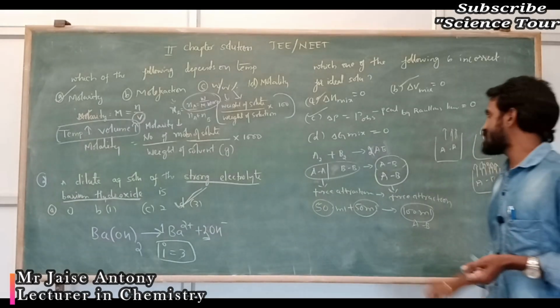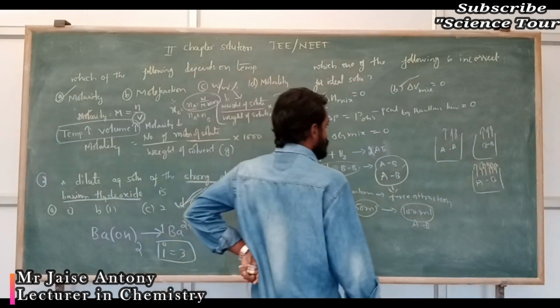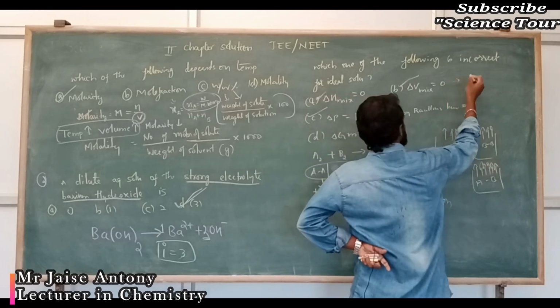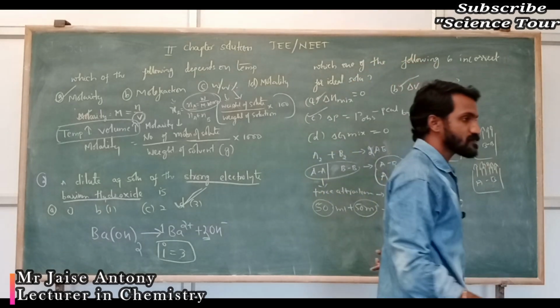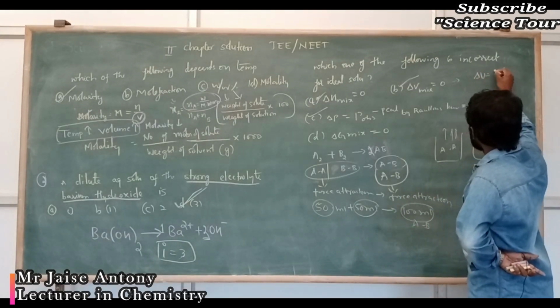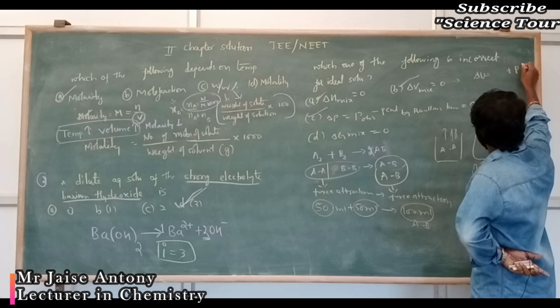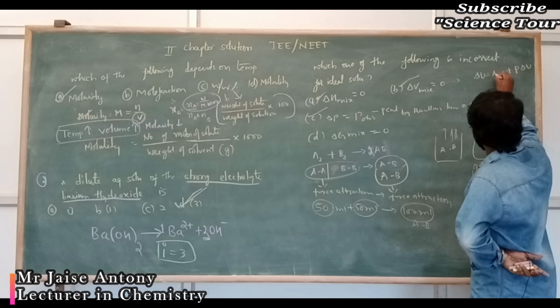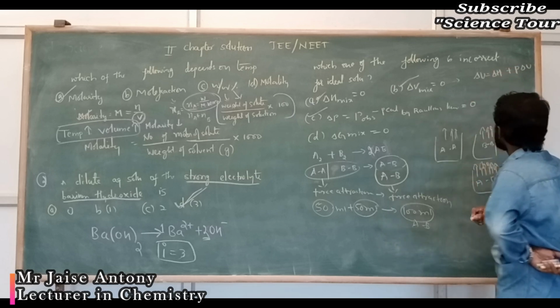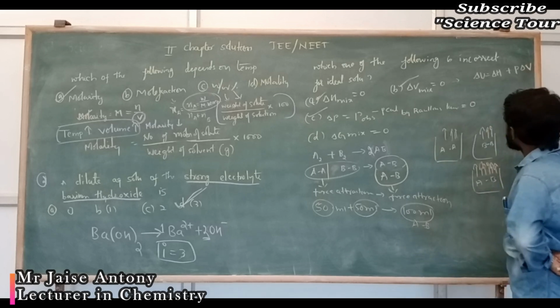Understood? Now delta G mix is equal to 0. The question arises, here delta V mix is there. Here one formula is given, delta U is equal to delta H minus P delta V. This formula you studied in thermodynamics.